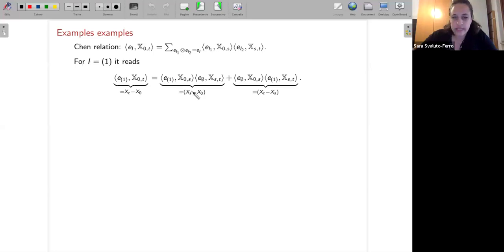So if we write it as 1 and nothing, we get the first component of the signature till time s, which is Xs minus X0, multiplied by 1. Same here. If we sum the two together, the Xs simplify, and we get indeed the 1 component of the signature between 0 and t.